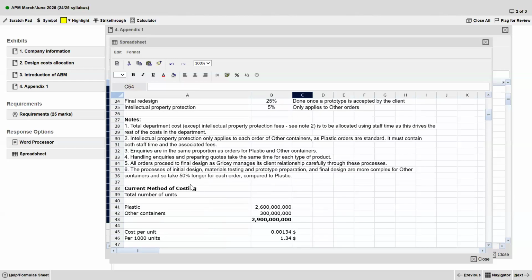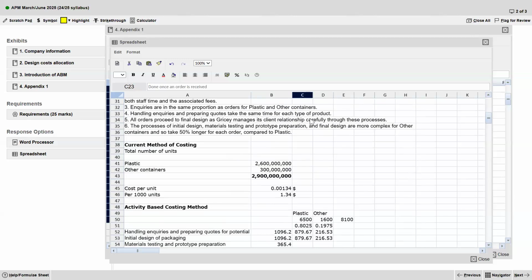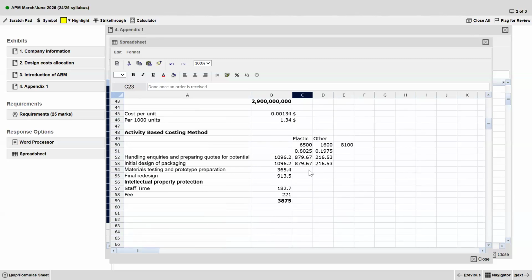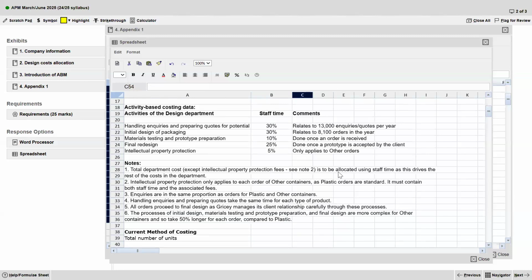Material testing and prototype is done once an order is received. So how many orders are there? Is anything mentioned related to it?